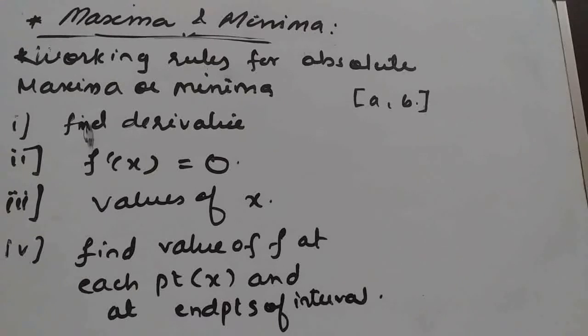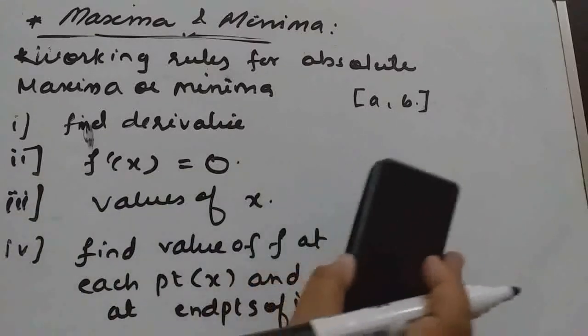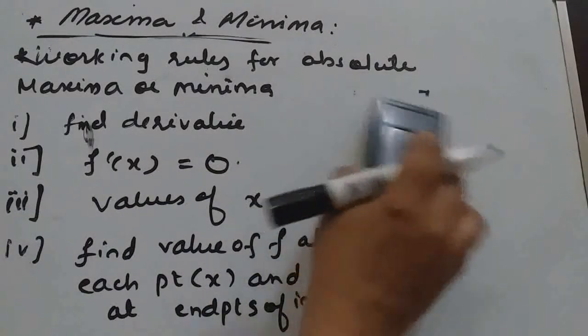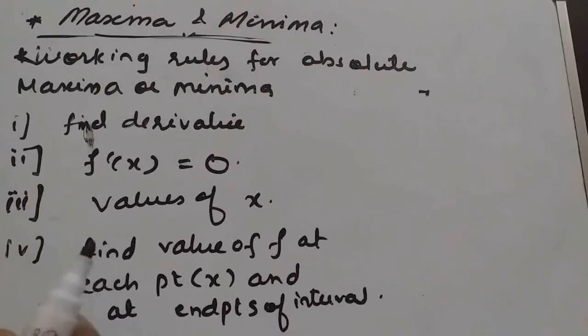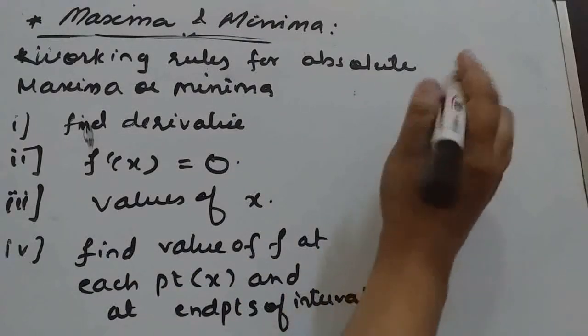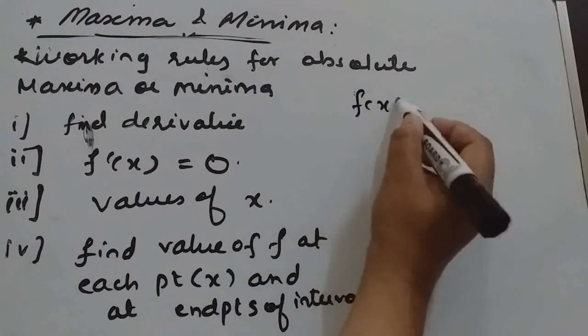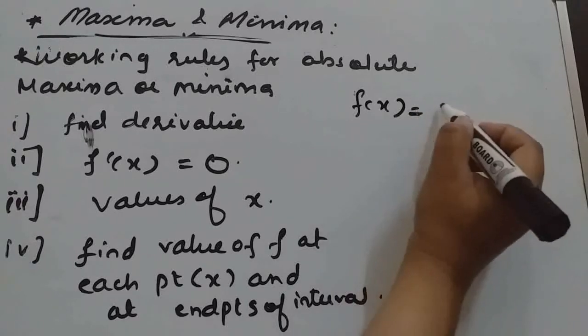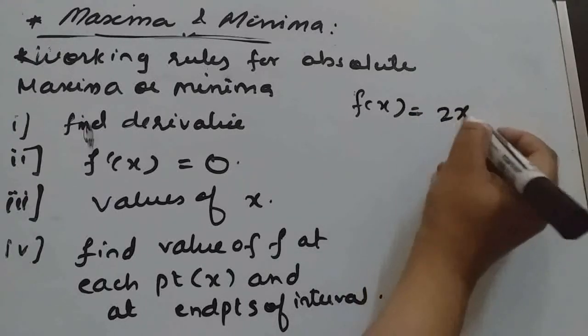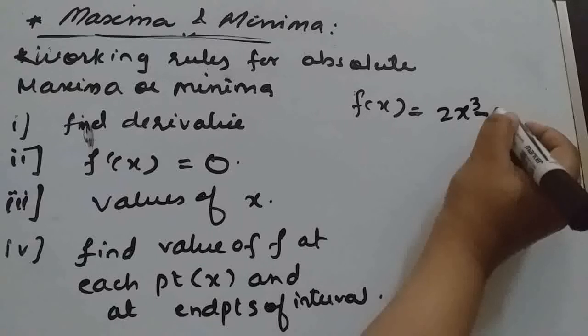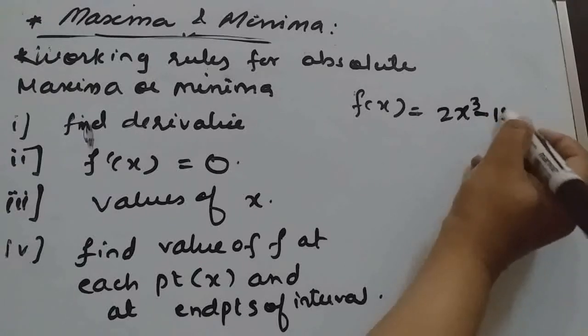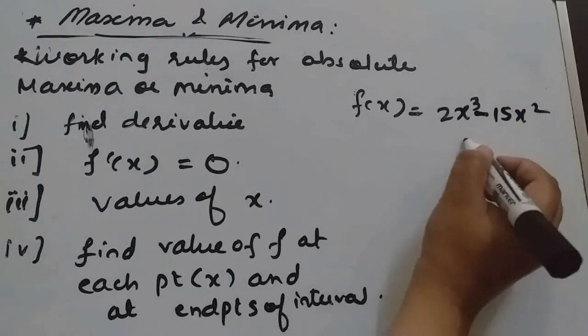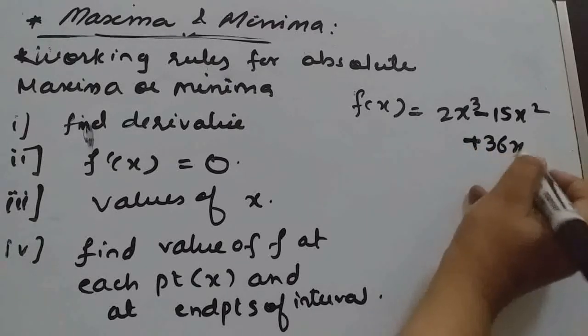Here the second order derivative test is only for local maxima and minima. So consider one particular example. Suppose f of x is equal to 2x cube minus 15x square plus 36x.